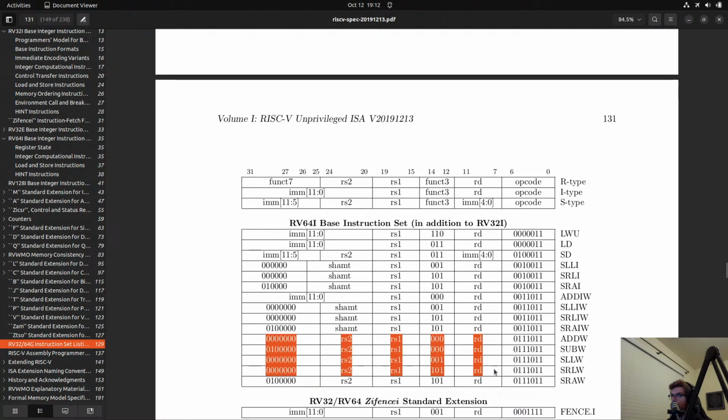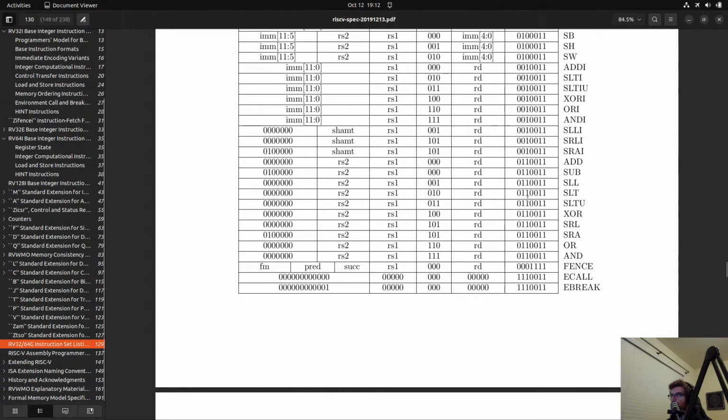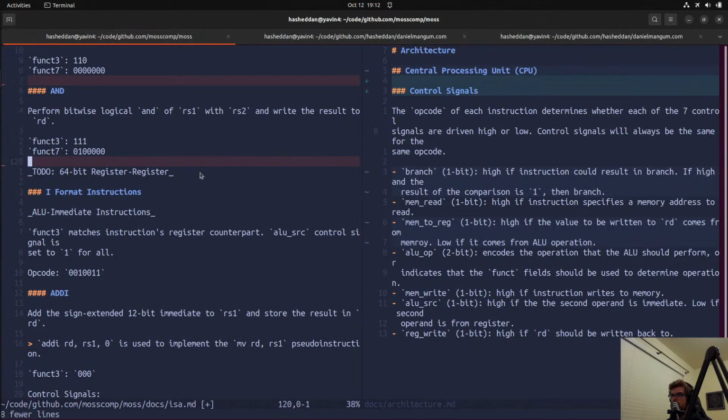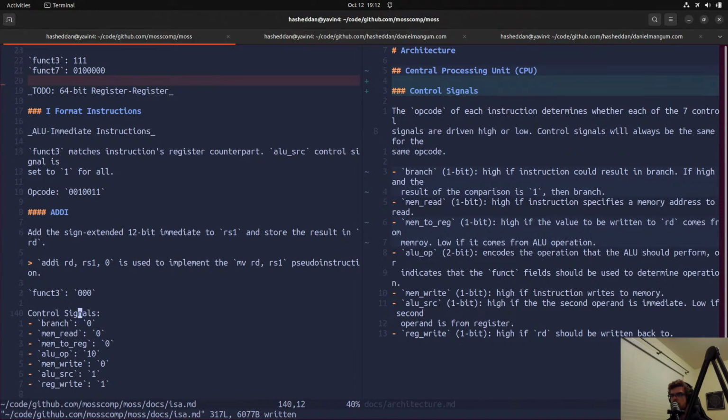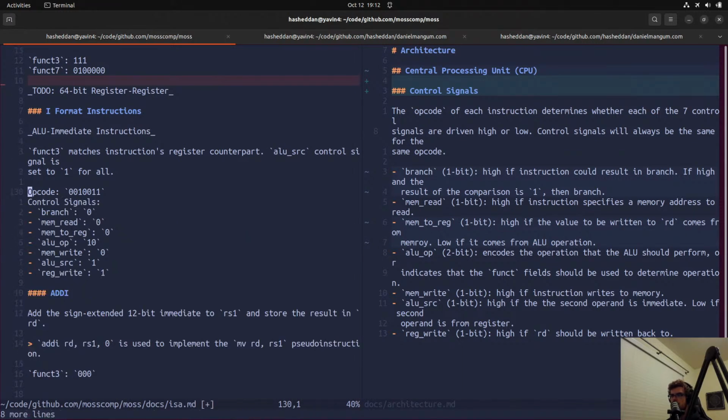Down here. So these are all R format, but you'll notice that they have 0, 1, 1, 1, 0, 1, 1, while these have 0, 1, 1, 0, 0, 1, 1. So different opcode. I don't know if the control signals will be the same or not. Probably something I could intuitively answer here in just a second.